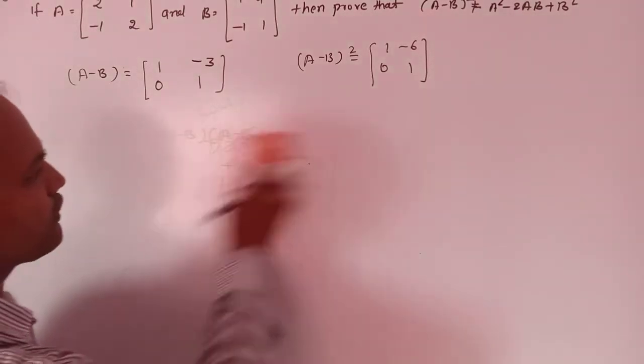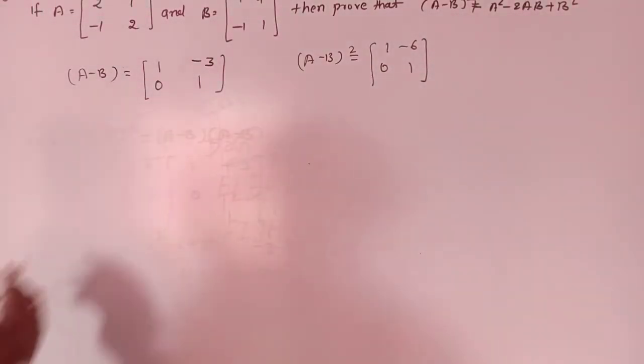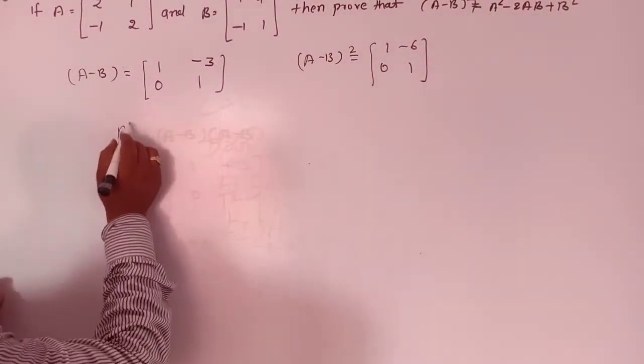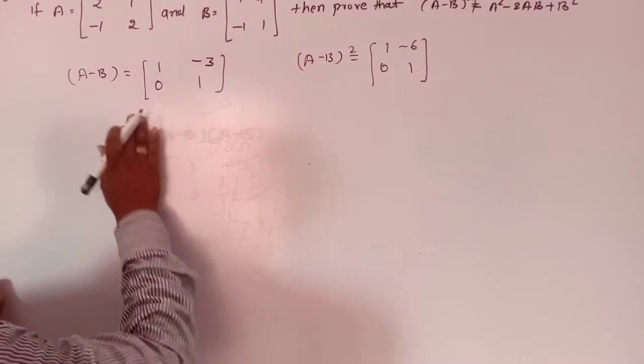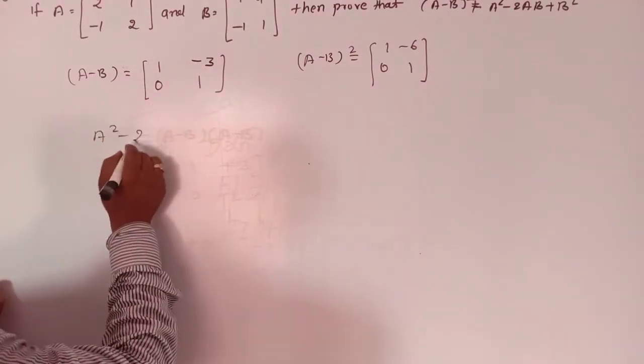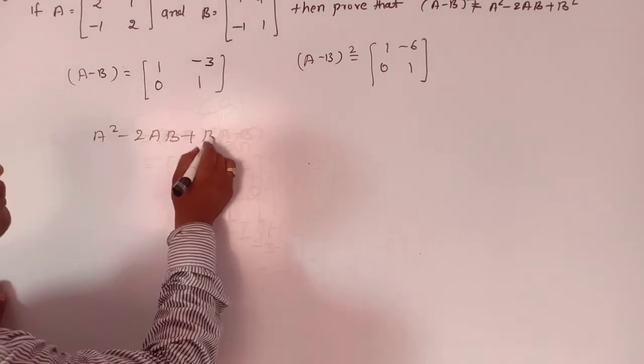And now we are going to find A square minus 2AB plus B square.